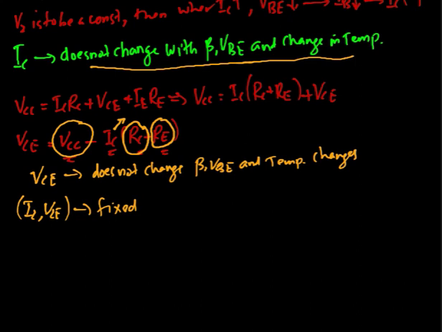So RE makes the IC and VCE, that is the operating point, independent of the variations in the transistor parameters and the changes in temperature. So we can say that stabilization has been obtained by the potential divider arrangement shown in the figure.